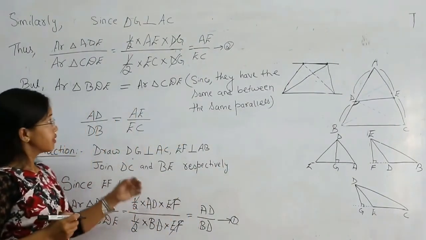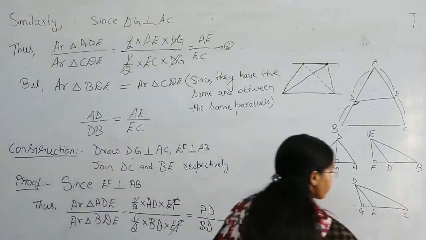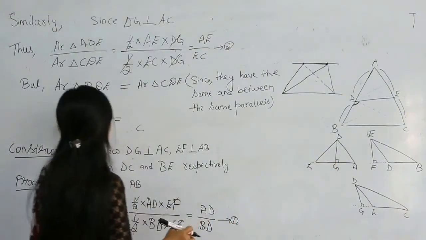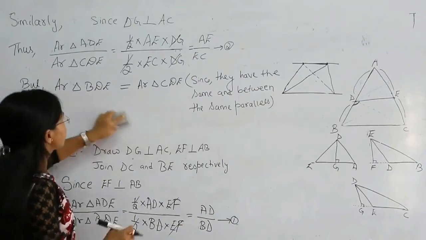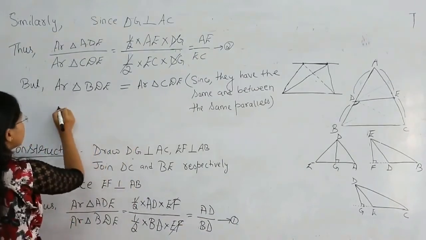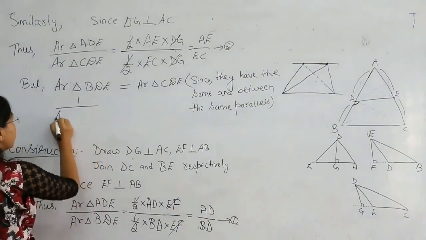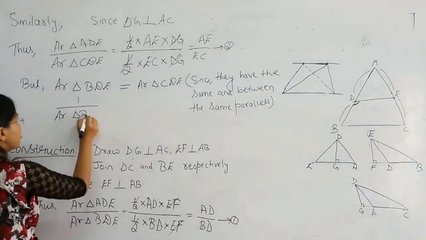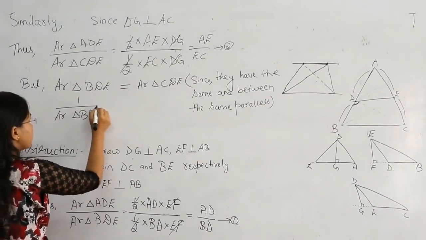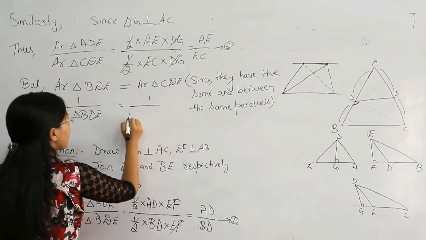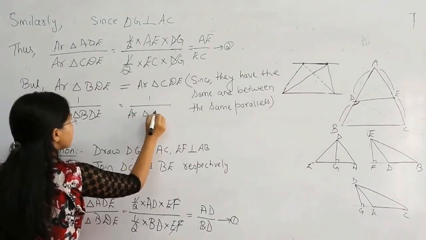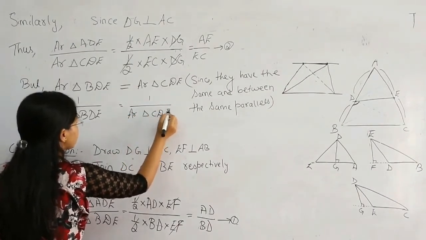Alright, so then next what will we do? We'll take the ratio of these two triangles. Then we'll get 1 by area of triangle BDE is equal to 1 by area of triangle CDE.